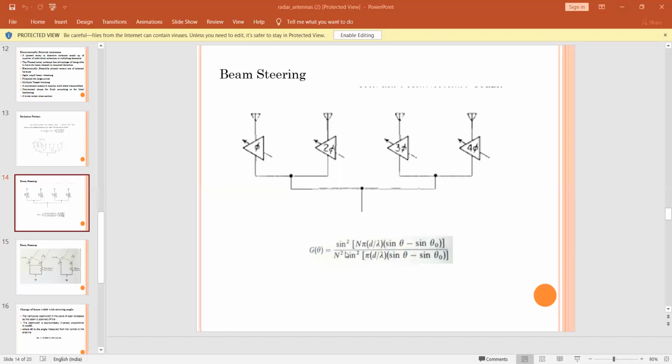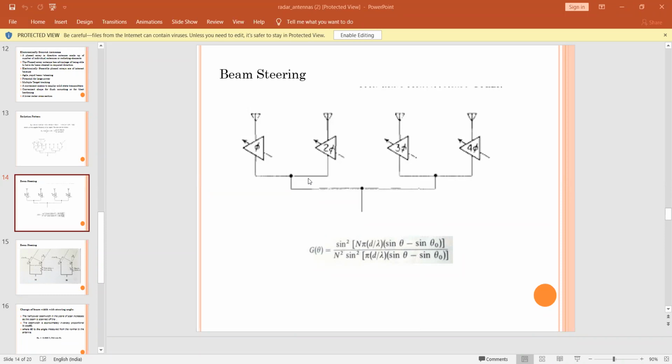In feeding an array, variable phase shifters may be used at each element of the linear array to steer the beam, as illustrated in this figure, which has 4 phase shifters. This is called a parallel feed array.